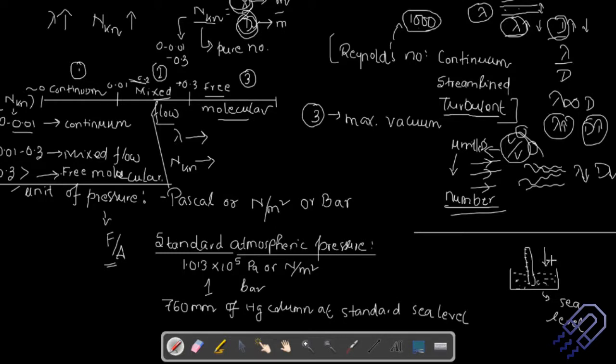Because of the pressure that the atmosphere exerts on the mercury, it will rise in the capillary tube. You can see this demonstration on YouTube also. It will rise up to a level of 760 millimeter, and this is how we say it is 760 millimeter of mercury column at standard sea level. This is how atmospheric pressure is usually measured.